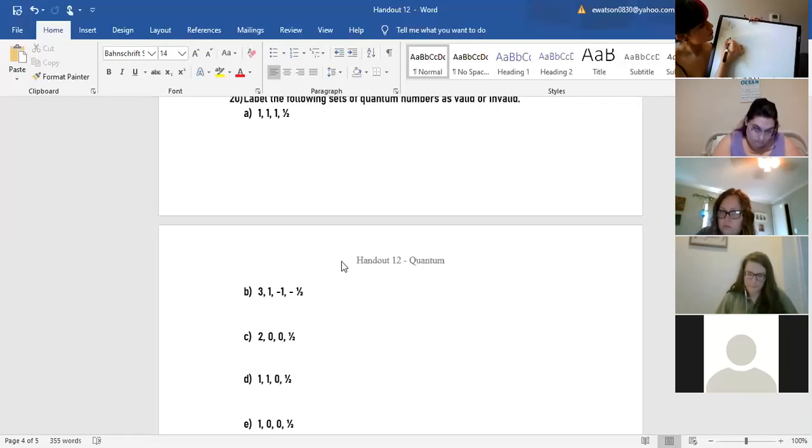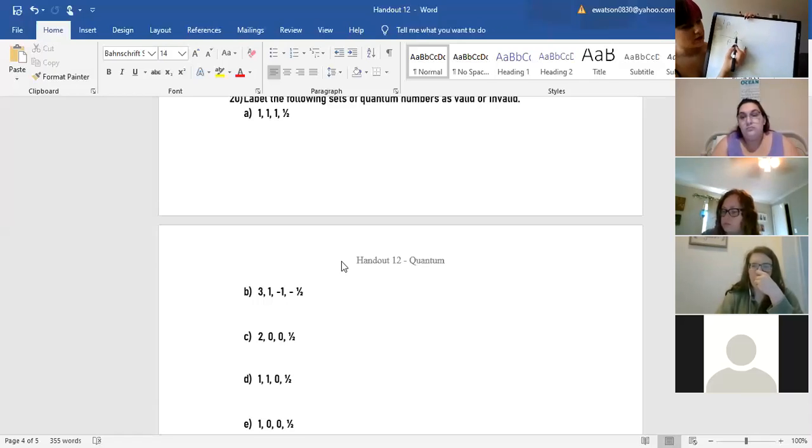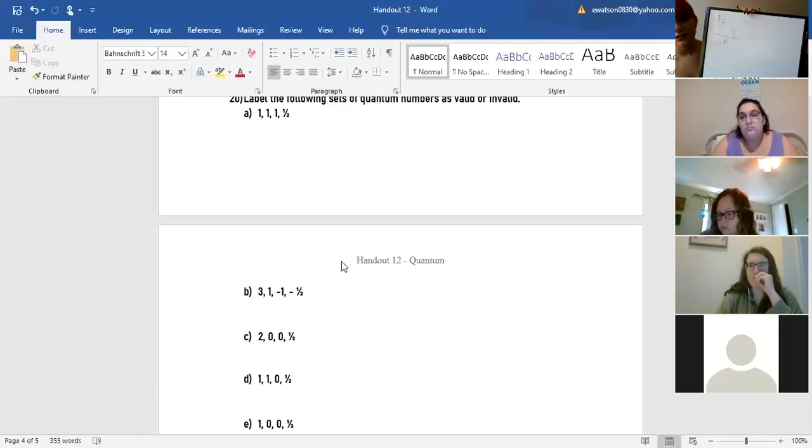So if this is our p orbital, where is that last electron going to fall? It's going to be here. And it's a positive 1/2, so it's going to be facing upward. Does this make sense?